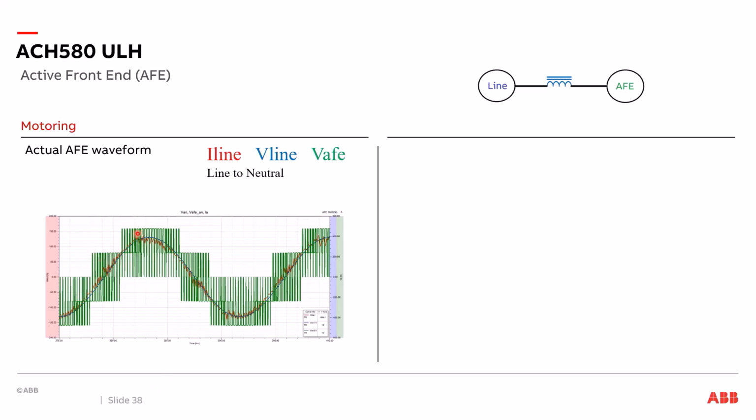So as we look here, in blue you have your line voltage, and this pulse width modulated voltage from the active front end is actually lagging a little bit from the line voltage. That's causing the current to flow from the line into the active front end. The current is in sync with the line voltage.